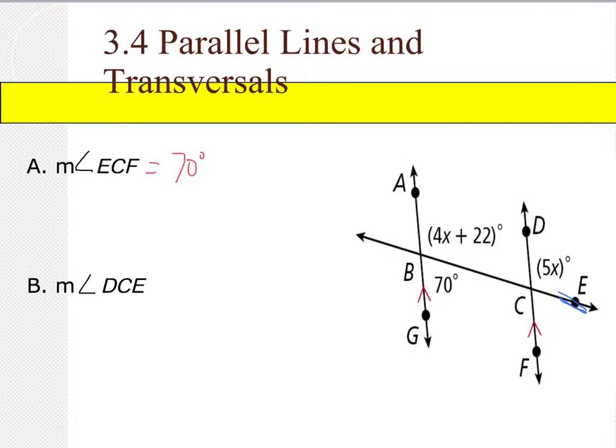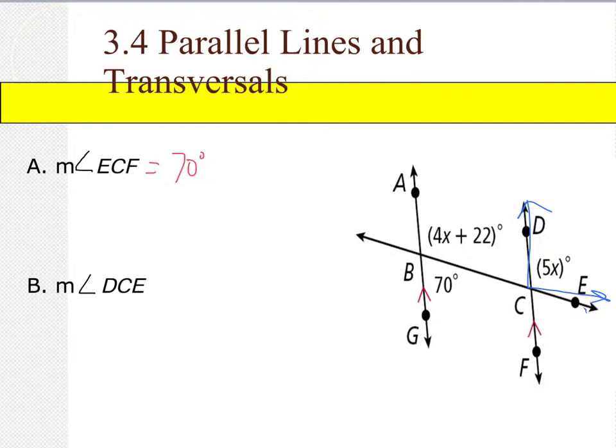We are going to be looking for DCE. So we are looking for this angle of DCE. Now, it tells us right here that DCE is 5x. However, we can't figure out the measure without finding out what x is. So the very first thing is we need to set up an equation. Remember, these two lines, AB and DC, are parallel.